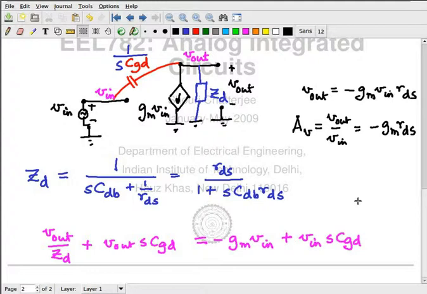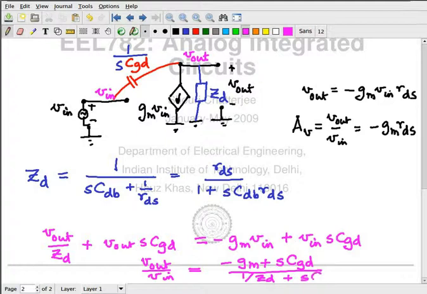And now I'm going to take Vout common on one side and Vin common on the other side, and therefore I'm going to have Vout by Vin, something like this.